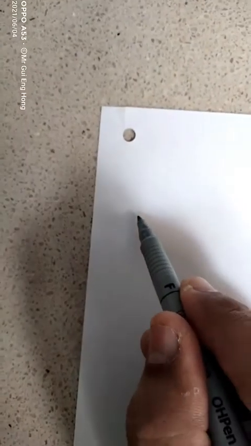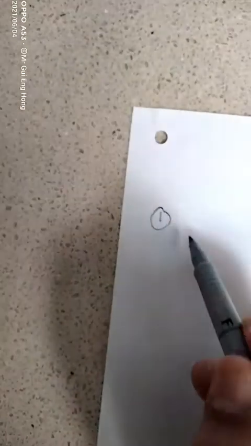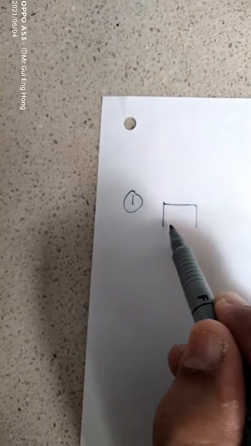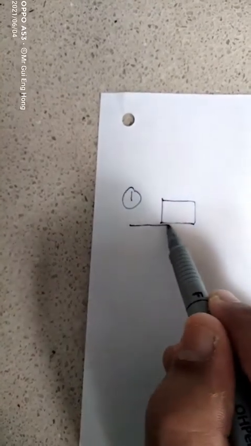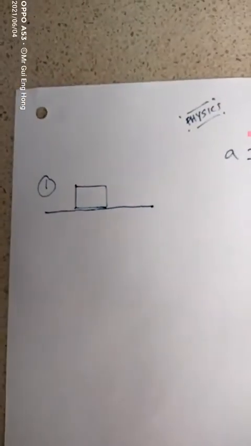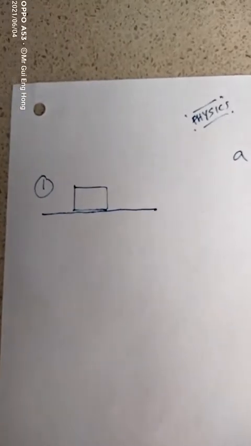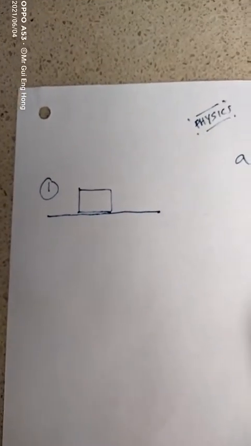Now the first example: we have a box that rests on a rough surface. In this case there will be no friction.